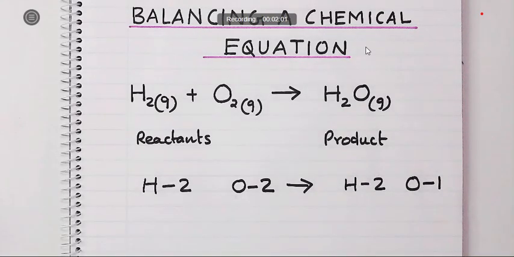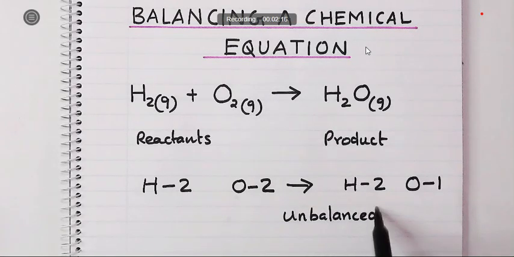Since there are two oxygen on the left hand side and one oxygen on the right hand side, this equation is unbalanced. So you can write here, the equation is unbalanced.